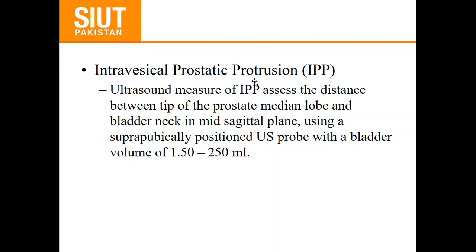Intravesical prostatic protrusion is an ultrasound measure to assess the distance between the tip of the prostate median lobe and the bladder neck in the mid-sagittal plane, using a suprapubically positioned ultrasound probe with a bladder that is filled up to 150 to 250 ml.